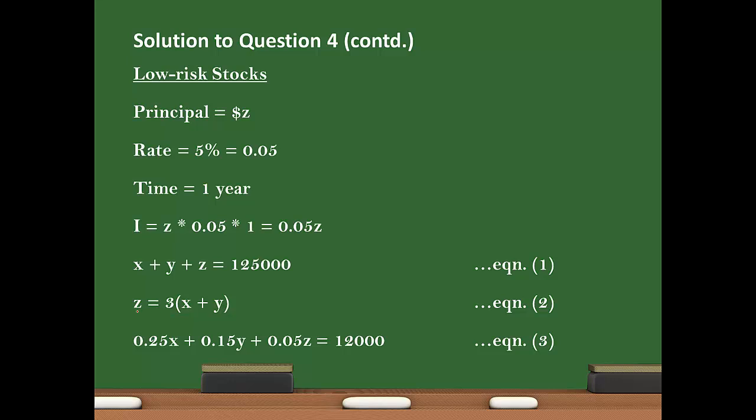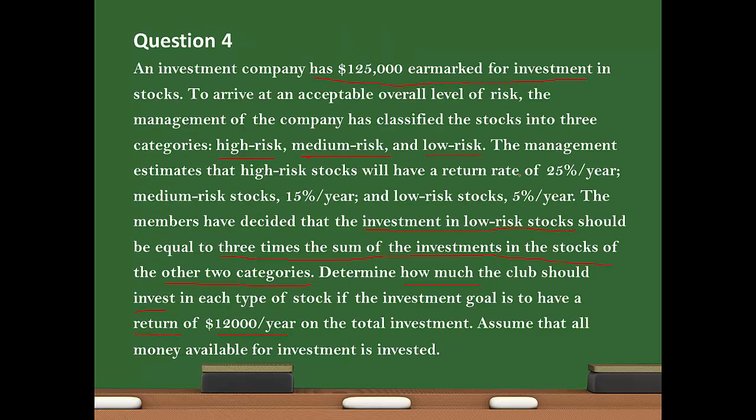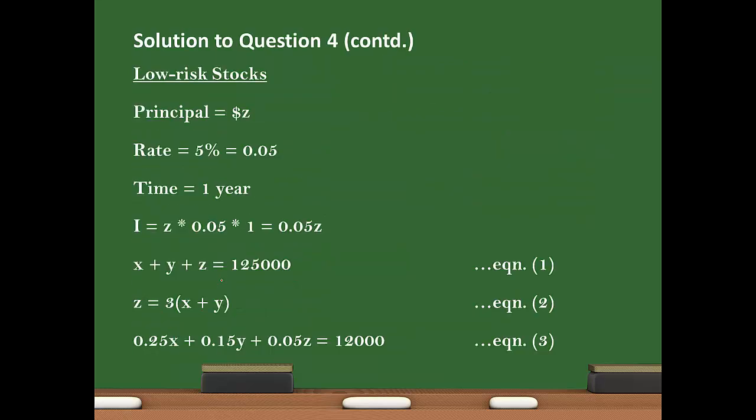Okay, remember that the investment in low risk stocks should be equal to 3 times the sum of the investments in the stocks of the other 2 categories. So that's why you have this: 3 times the sum of the investment in the other 2 categories.